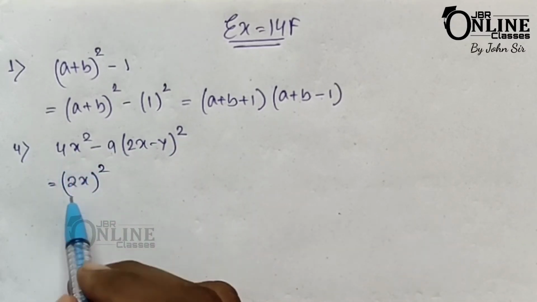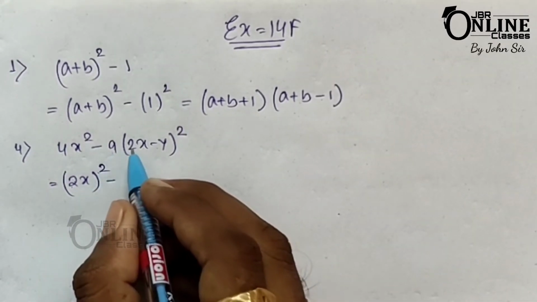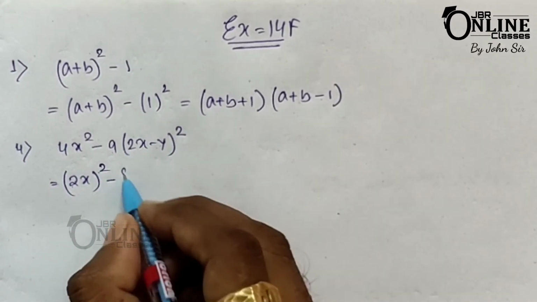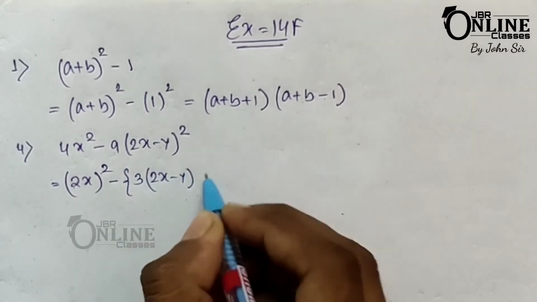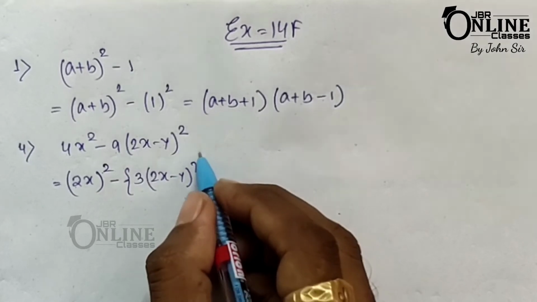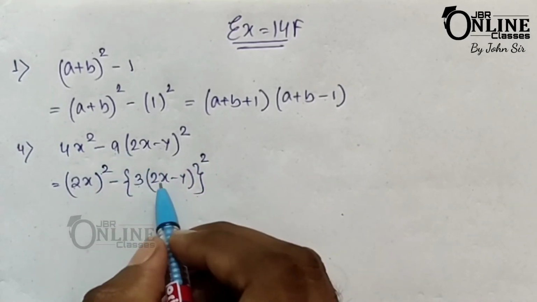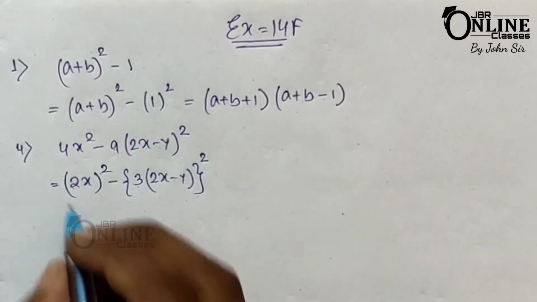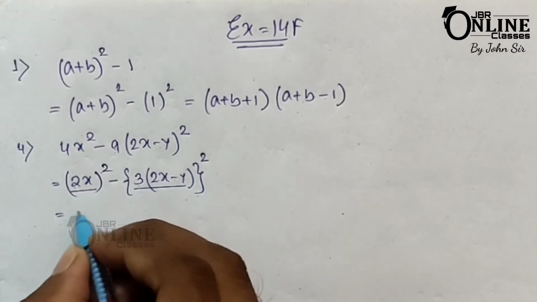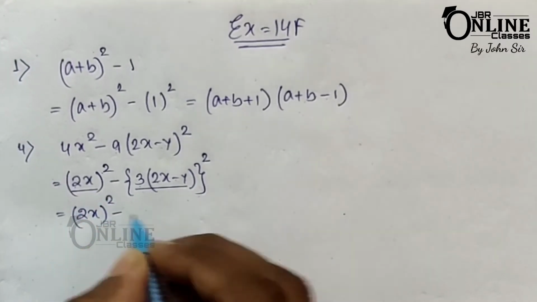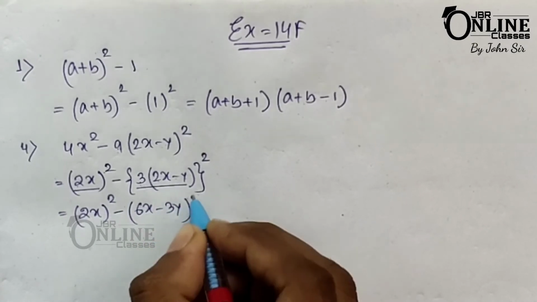Here 4x square means 2x whole square. For the other term, write 9 as 3 and 2x minus y in the first bracket, then close the second bracket and put the whole square. So it will be 3 square, that means 9, and 2x minus y whole square. Here take 2x as a and this one as b. So just write down 2x whole square minus, now if you multiply, it will be 6x minus 3y whole square.